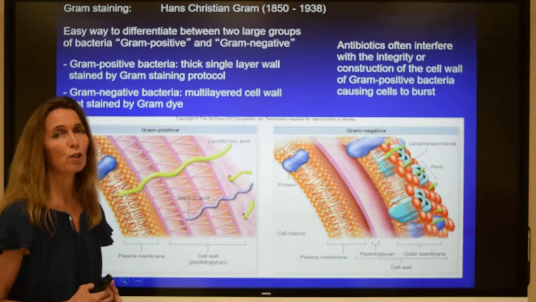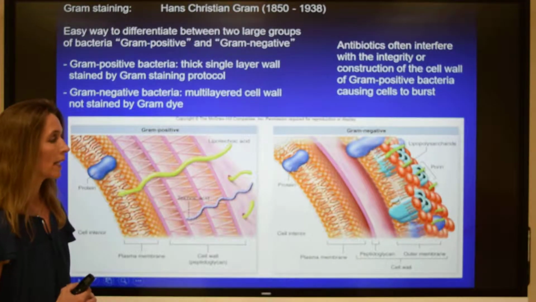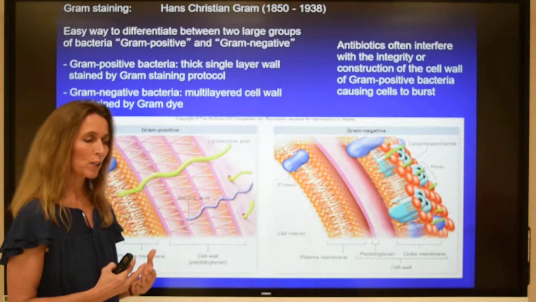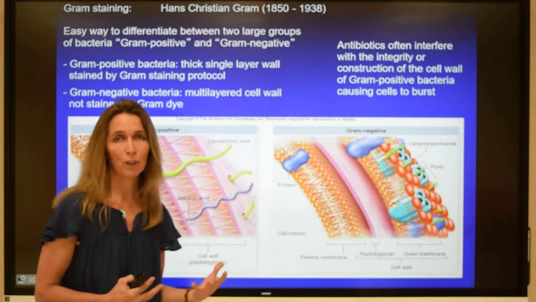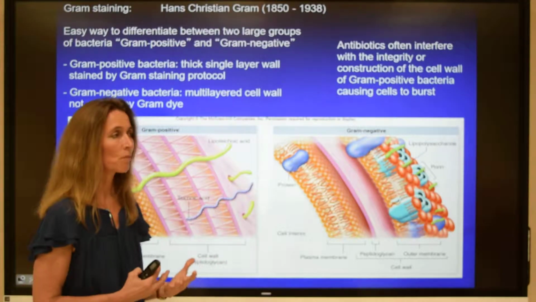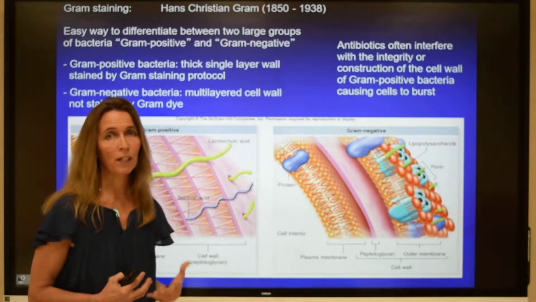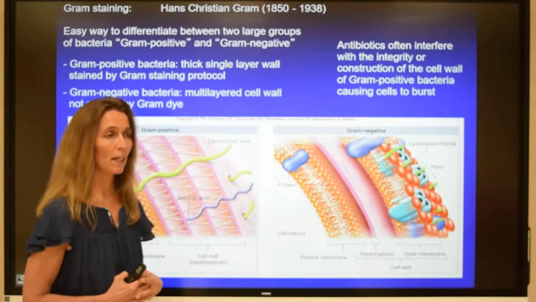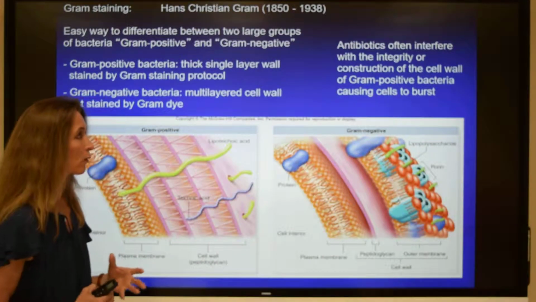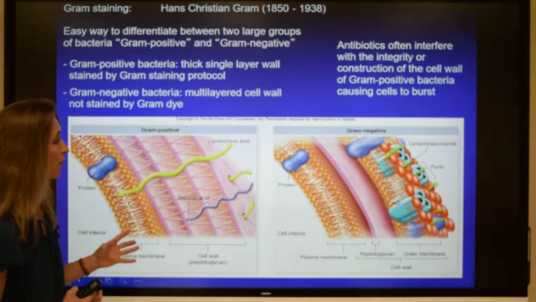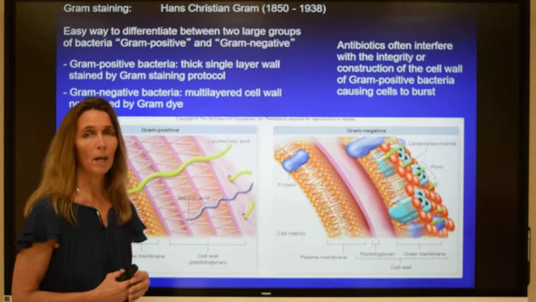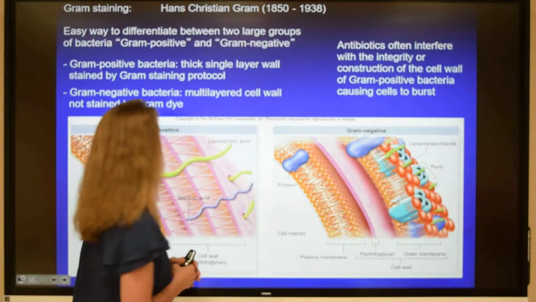And this has turned out to be critically important in figuring out what kind of bacterial infection, for example, a patient has, and what kind of antibiotics will be useful for this infection. The background to this is in the differences in the cell wall of those gram-positive and gram-negative bacteria.